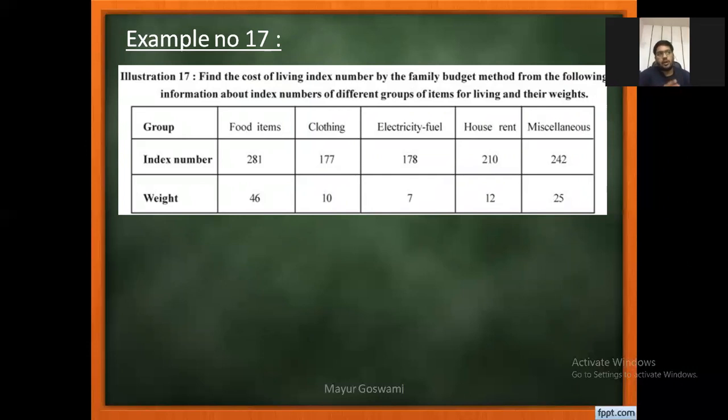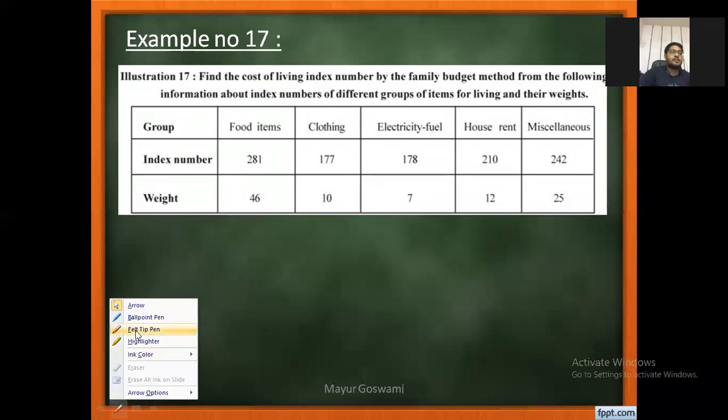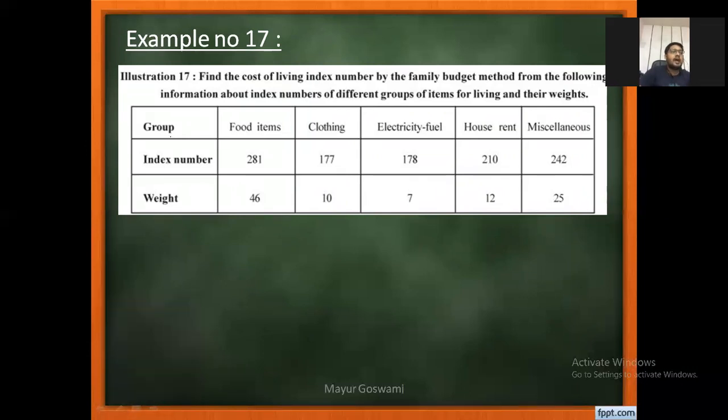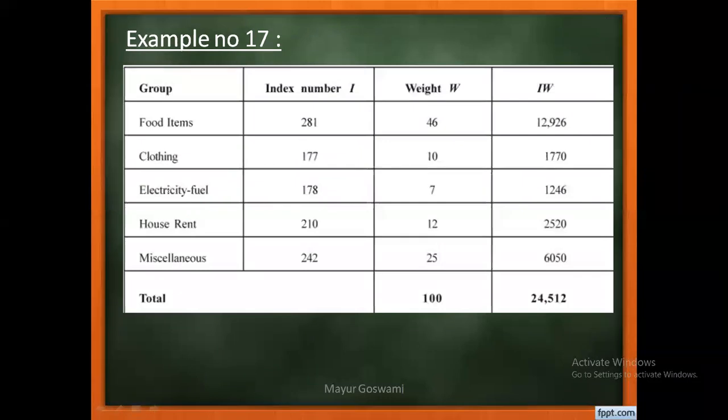So these all are one kind of cost of living, right? The index number is given, so I is given, and the weight, which is called W, is also given, right? Very simple sum. Let's see the solution.